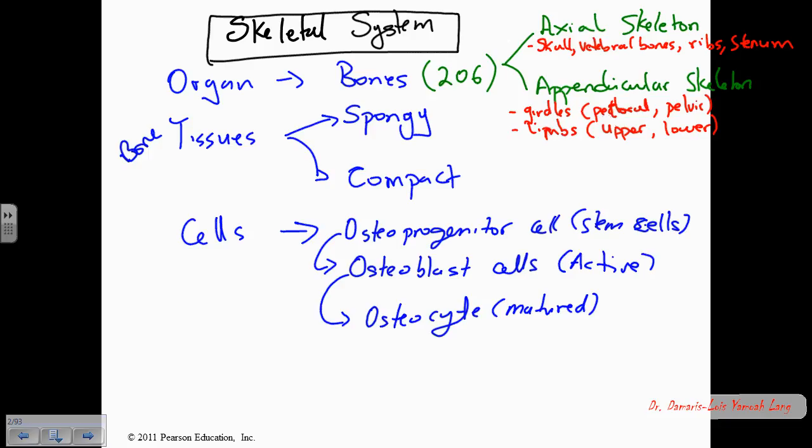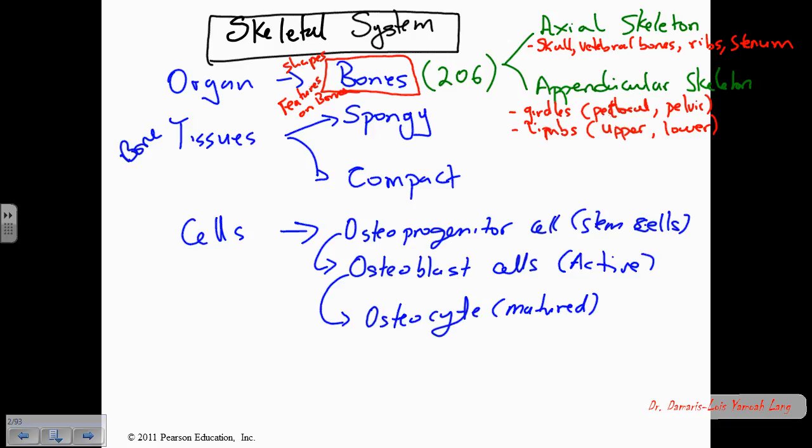So we are going to see these axial skeleton, appendicular skeleton. We are going to look at some bones with their shapes, and you look at just the features on bones.